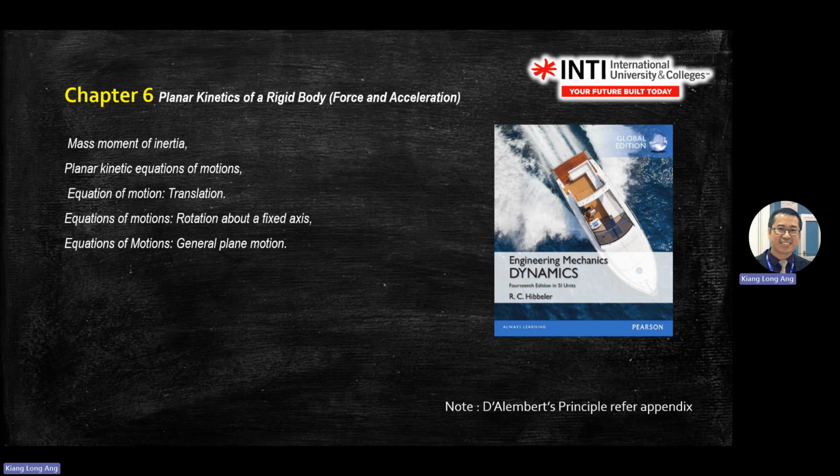Acceleration will be alpha. And of course there is an equation linking velocity to omega in chapter 5: V equals omega R.